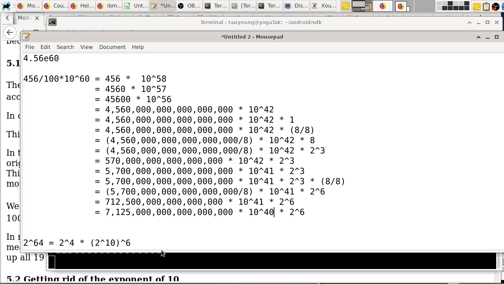And as long as that power of 2 is less than 1024, we're good, because that is the largest power of 2 we can handle in a double. Okay, but then you will say, wait, Tech, but the mantissa is not normalized. It's okay. Normalization is just a whole bunch of bit shifting. So we can do all that pretty quickly. Is that okay? All right.